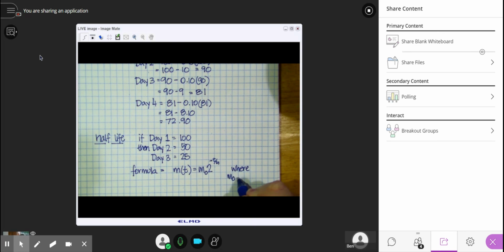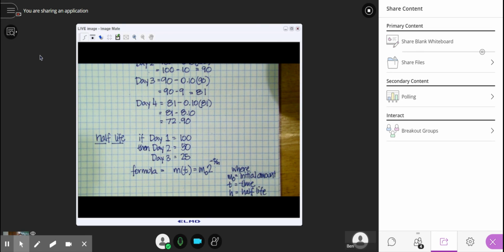Where m of 0 is our initial amount, where t is the time, and h is our half-life.